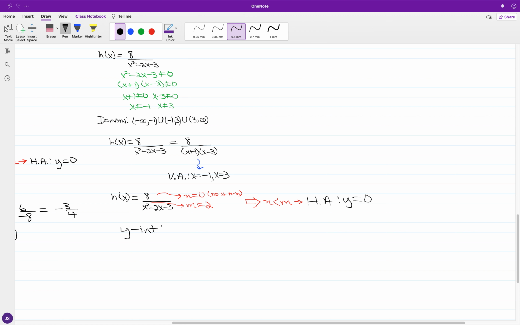In the case of the y-intercept, 0, y, you want y equal to h of 0. And so you have 8 over, and then what's going to be -3.